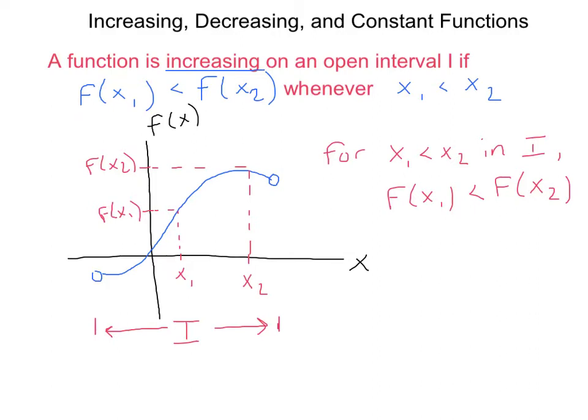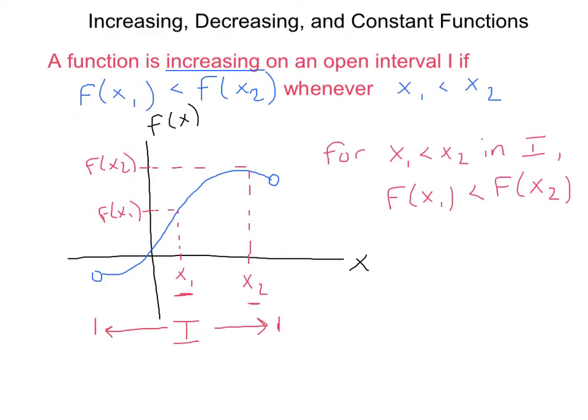We say that a function is increasing on some open interval if f of x1, meaning the value of the function for x1, is less than the value of the function for x2 whenever x1 is less than x2. So we can see here in the diagram, we've got this graph in blue, and we've got a value for x1 and a value for x2 down here.